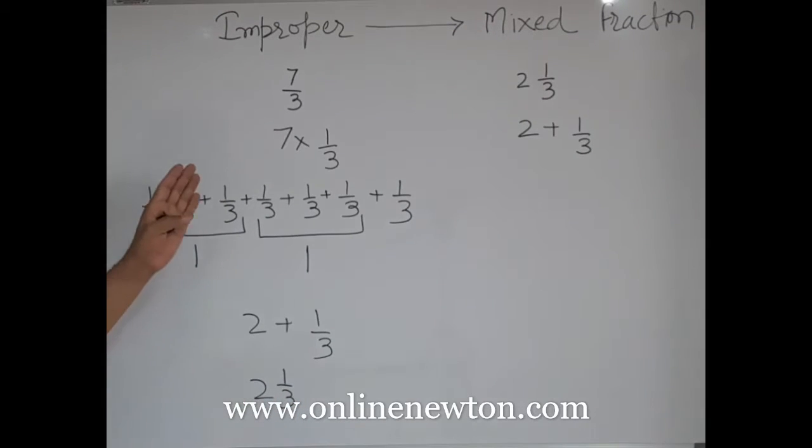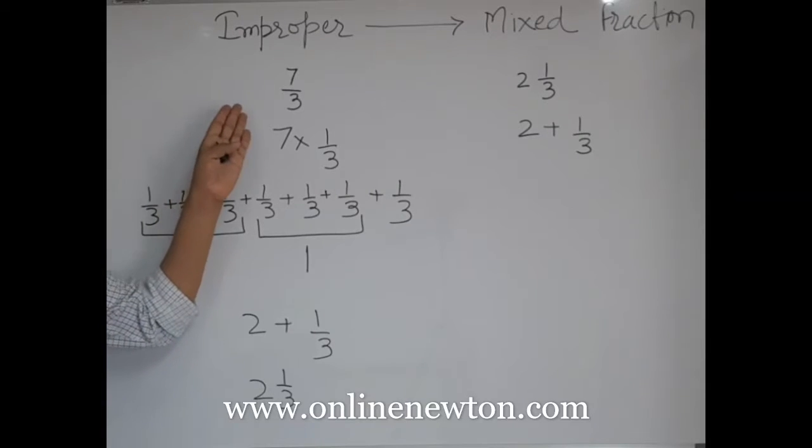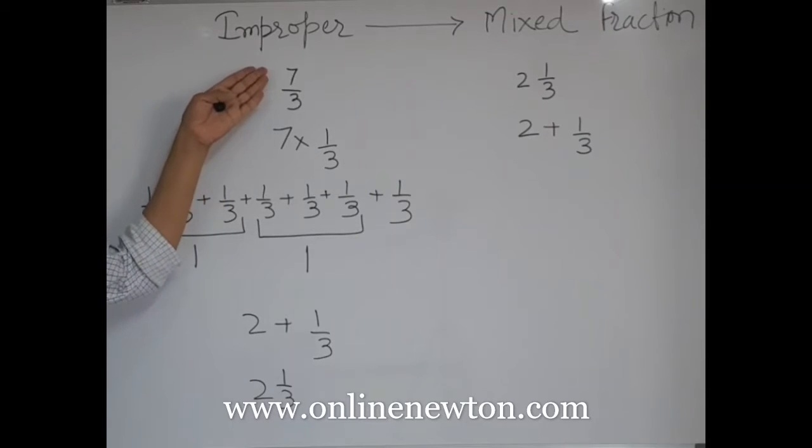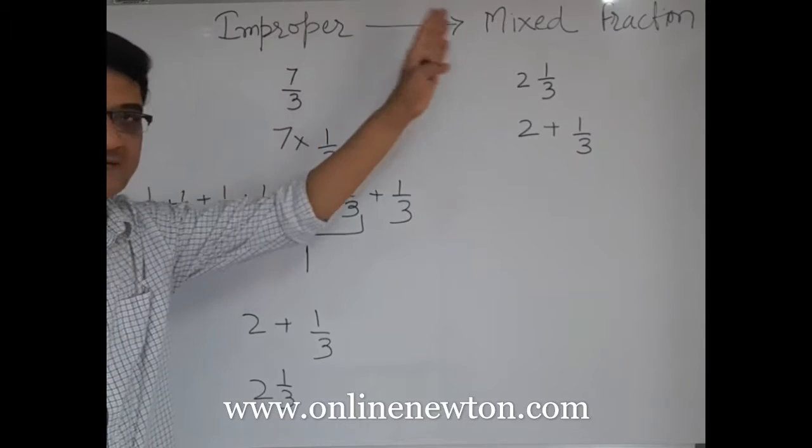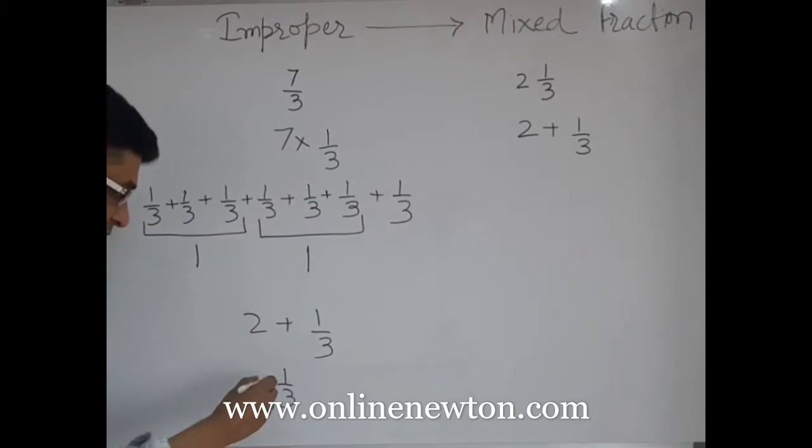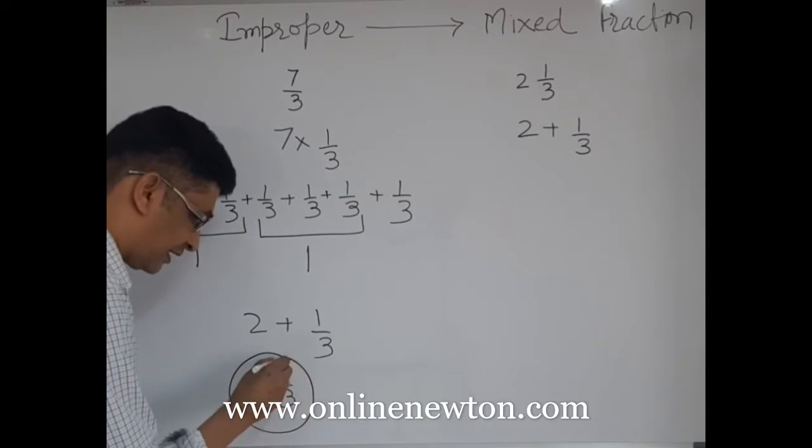So this is the concept of converting an improper fraction, which is written as 7 by 3, into a mixed fraction, which will be written as 2 integer 1 by 3.